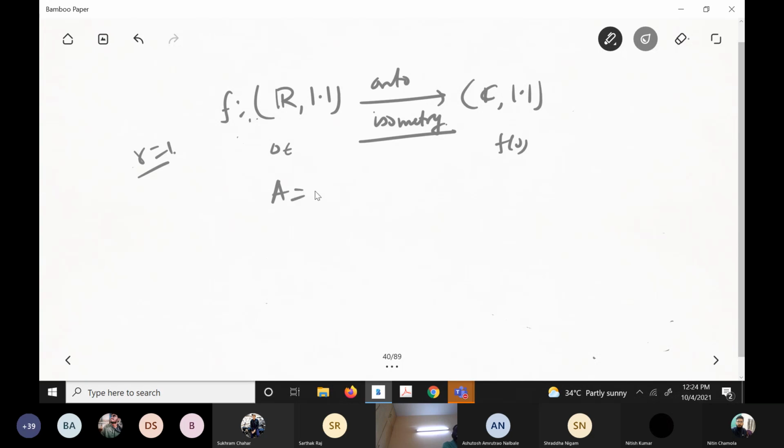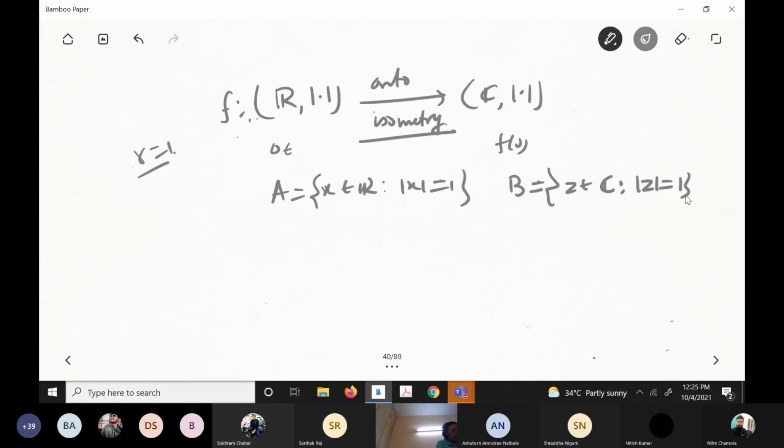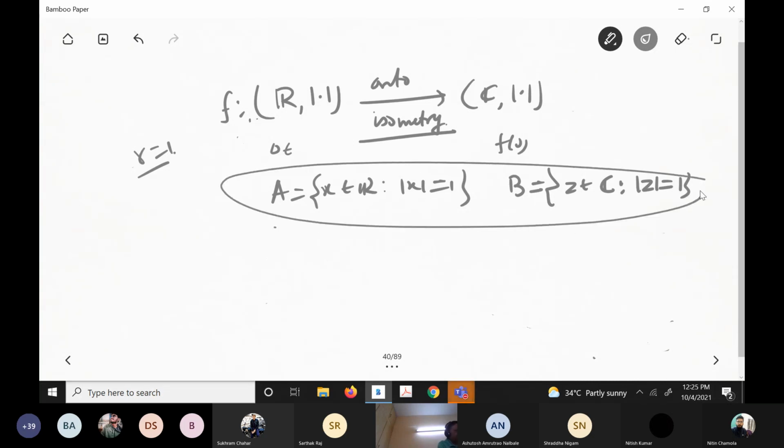Then A is the set of x belongs to R such that norm of x equals 1, and B we take the set of z. If it is an onto isometry, the size should be the same, right?